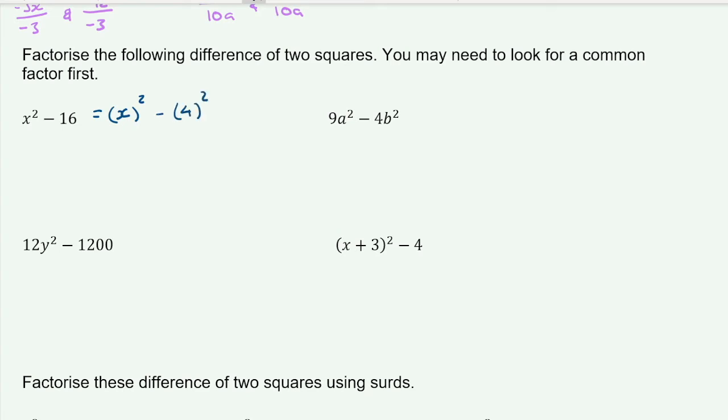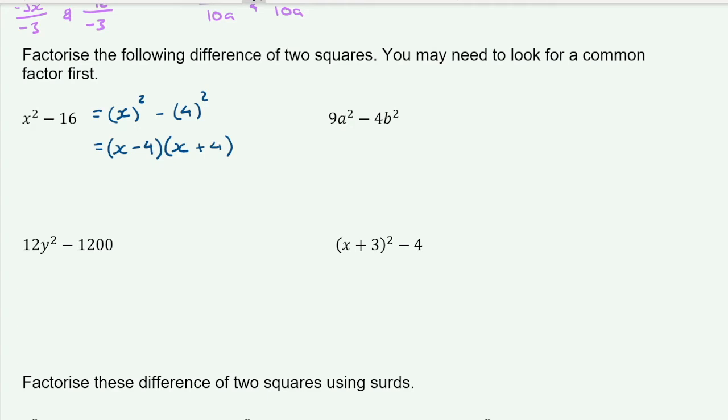So we find out what those squares are. Now because it's the minus in the middle, we need opposite signs in our brackets. So we can have x minus 4 and x plus 4. Not really worried about which way around they go, because it's multiplication, it will get to the same spot.